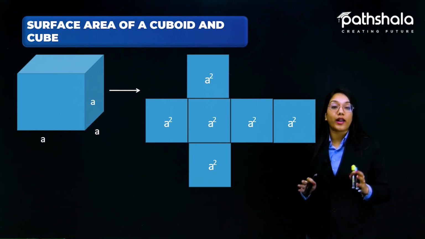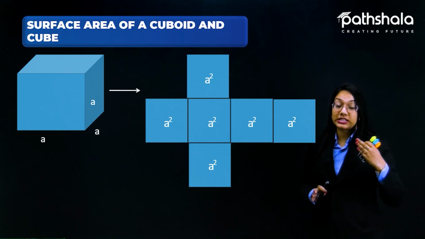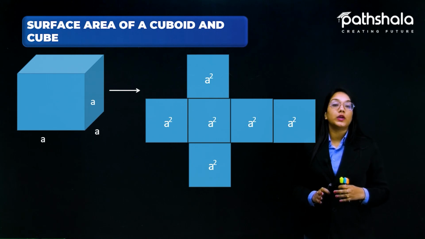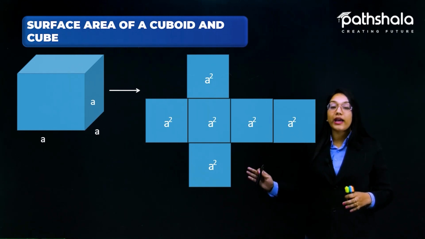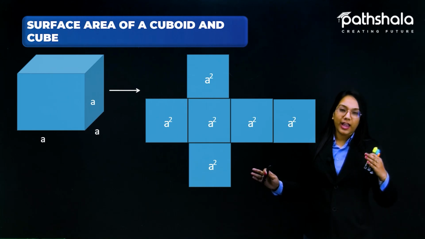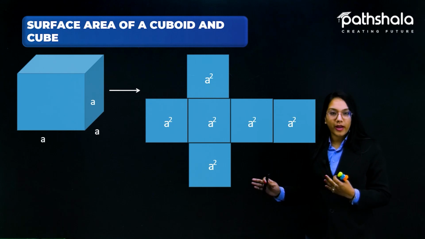They are made up of squares, and we know that the area of a square is nothing but side square. If I take the side as A, then the area of each square that I get over here is A square. So we have in total 6 faces over here. You can count them yourself.